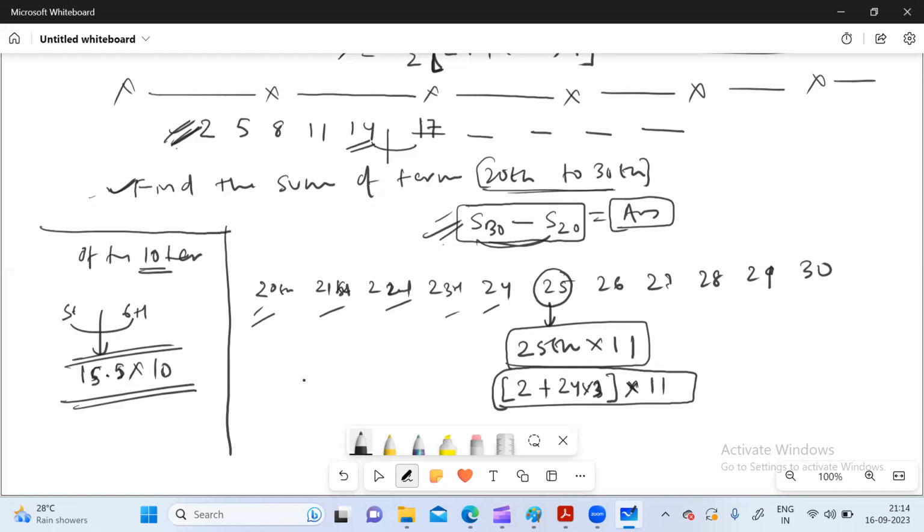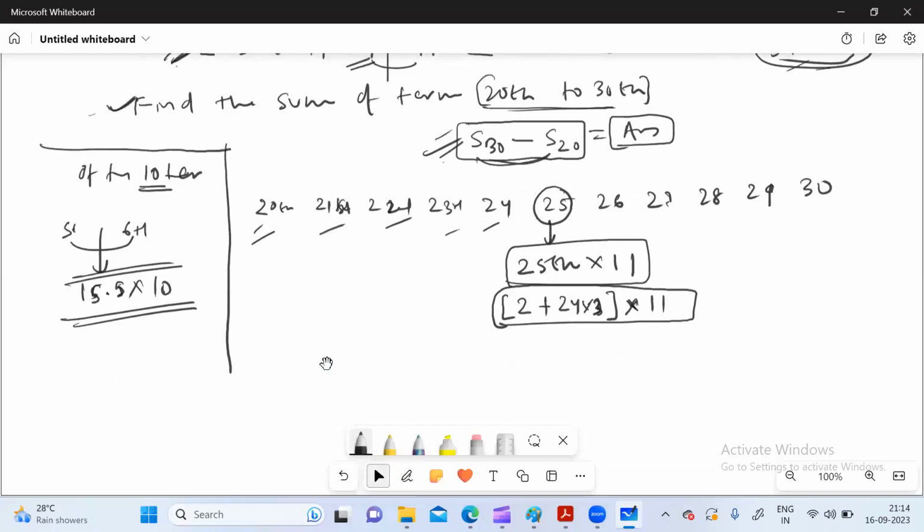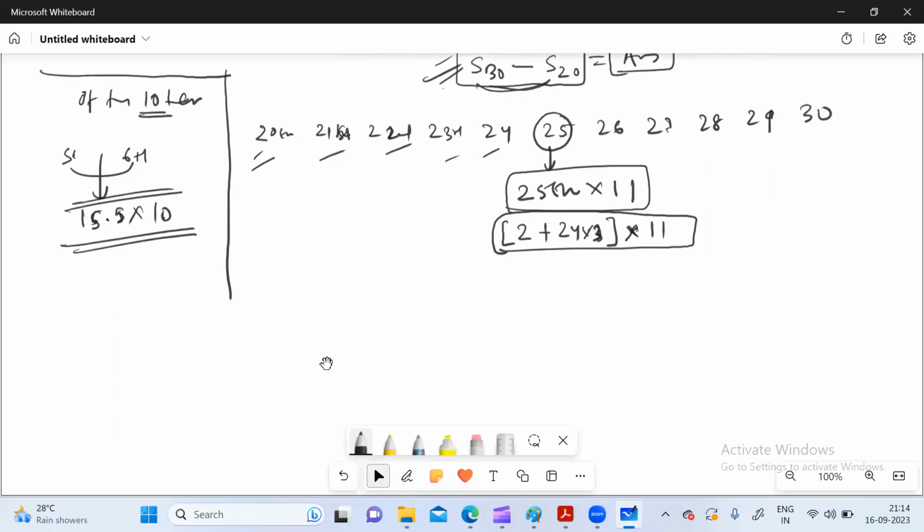Like for the same series, you can think of finding the sum between the fifth to 14th term. So you can find what would be the sum of this. You can also visualize it, and there is a special thing here.